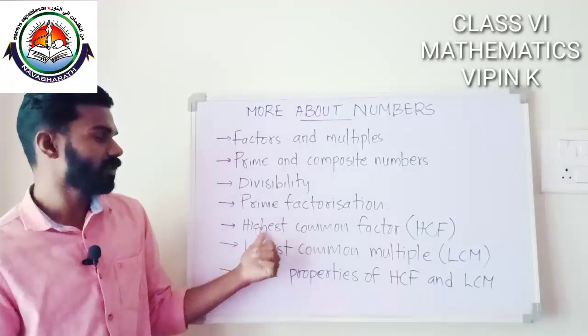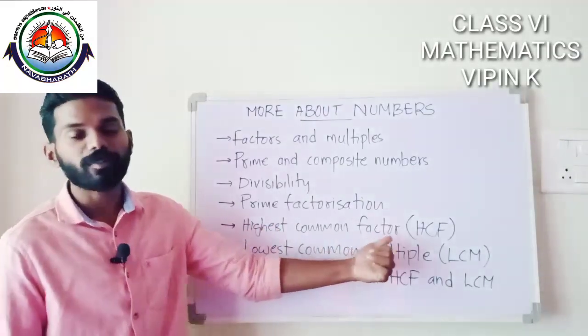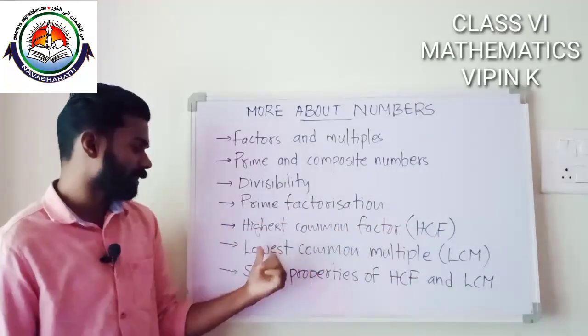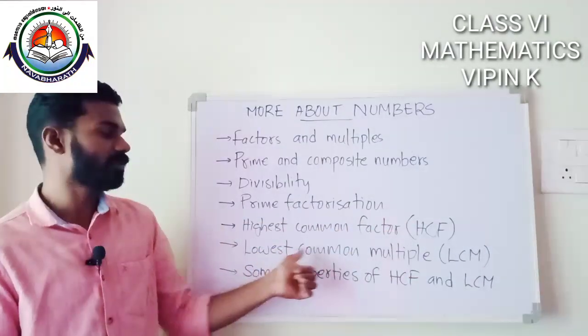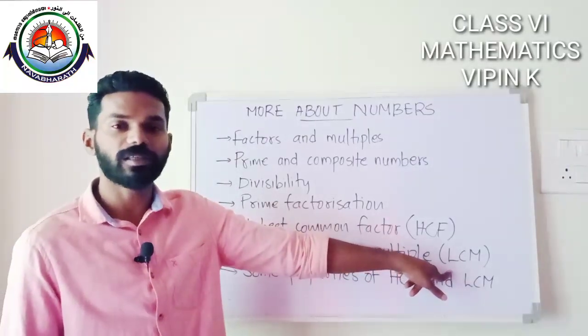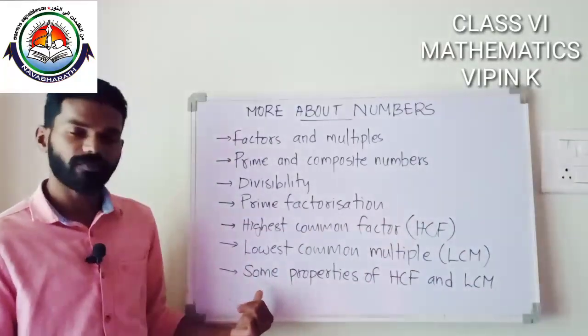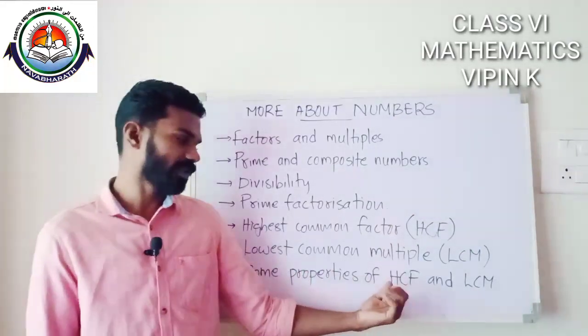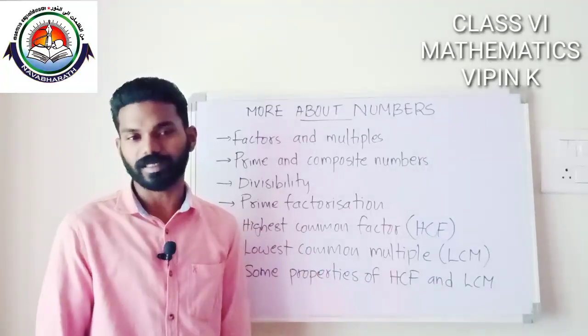The next one is highest common factor, which is HCF. Then the next one would be lowest common multiple, which is LCM. And finally, we would discuss some properties of both HCF and LCM.